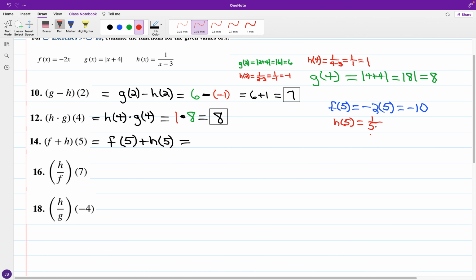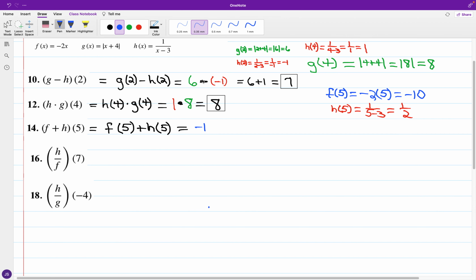So f of 5 we have at negative 10, plus h of 5, which again we have at 1/2. It looks like we're going to have a non-integer value for this outcome.